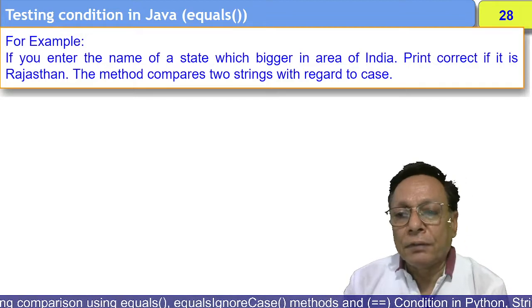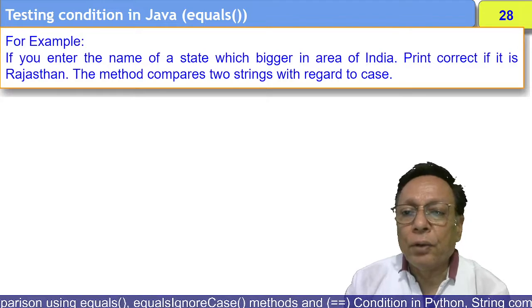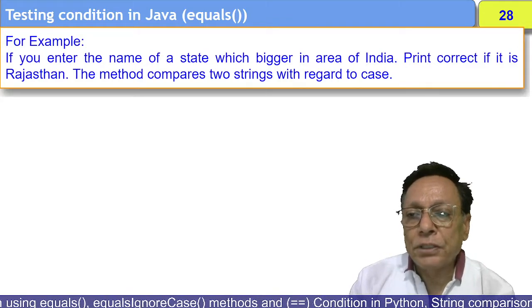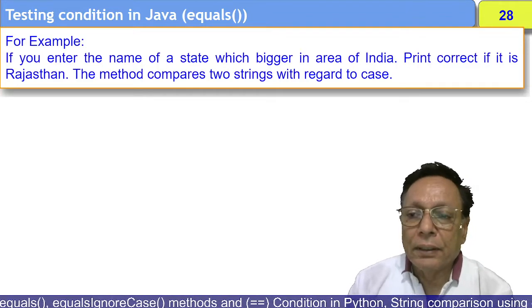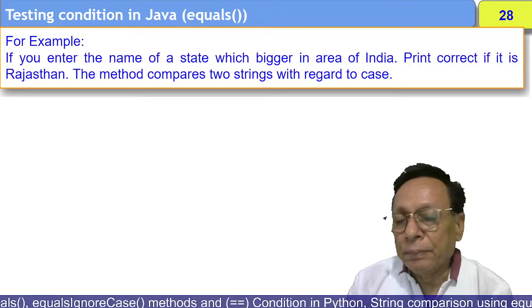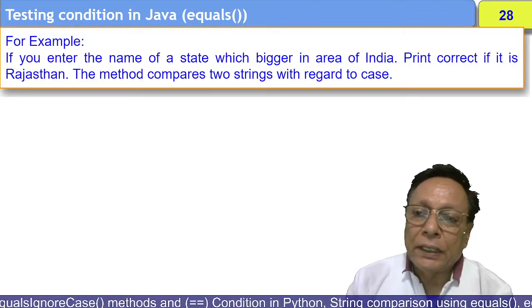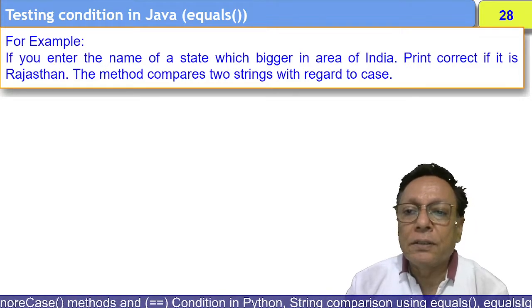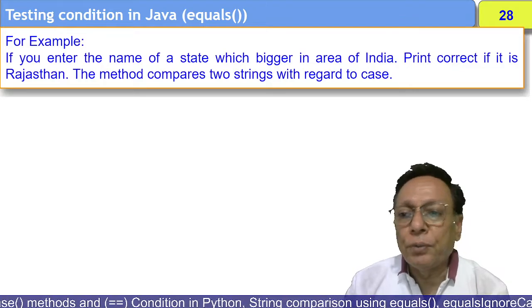Like if you are going to compare the capital of India, Delhi, and you have mentioned Delhi in small and capital letters, then there will be a problem if you are using equals. In the equals case, the case of the letters of the word or the sentence or the string should be the same.